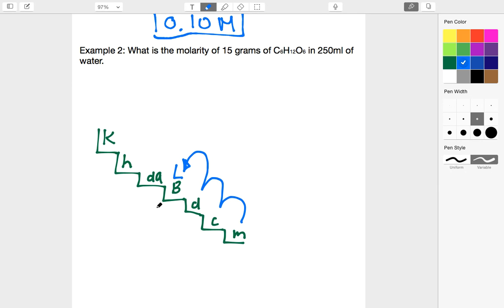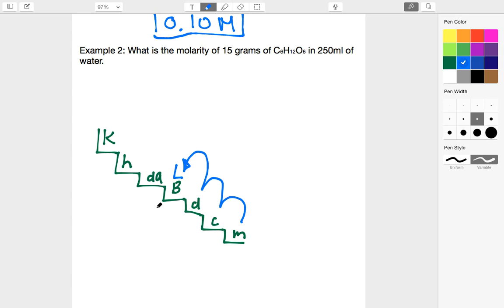All right. Example number 2. What is the molarity of 15 grams of C6H12O6 in 250 milliliters of water? This is a slightly more complicated problem.